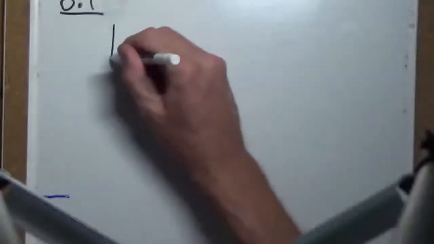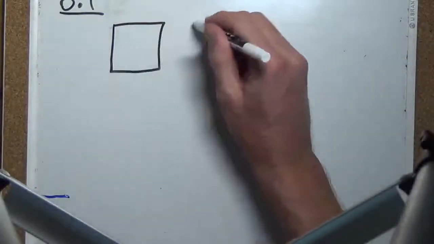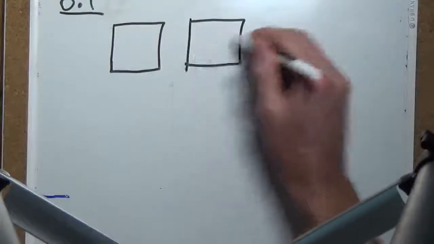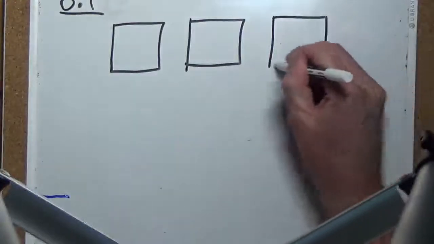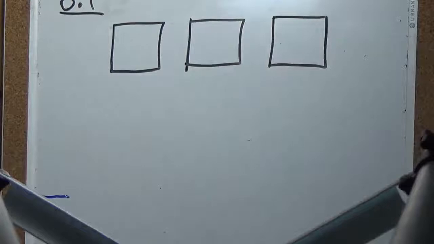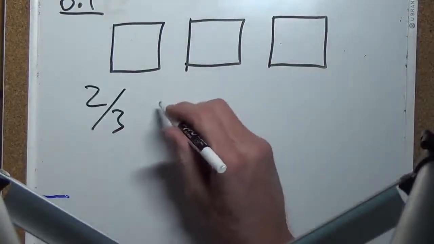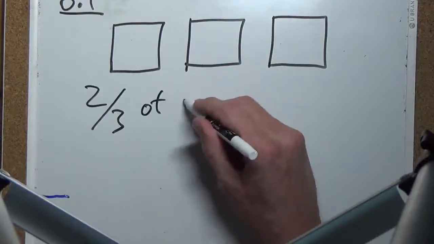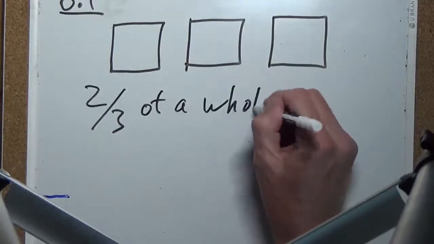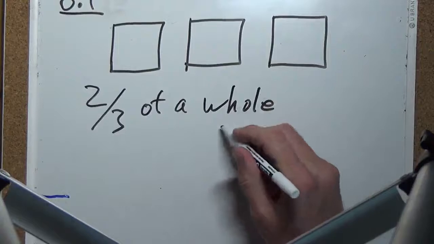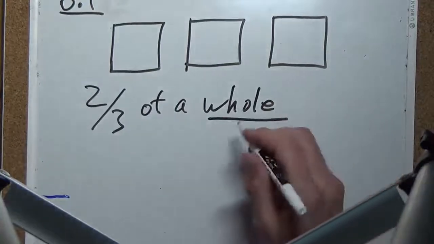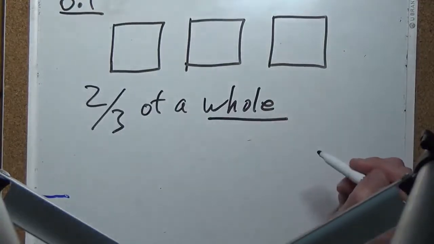Same three objects. And now I'm going to say, what if these represent 2/3? What will the whole look like now? So we want to draw the whole now.